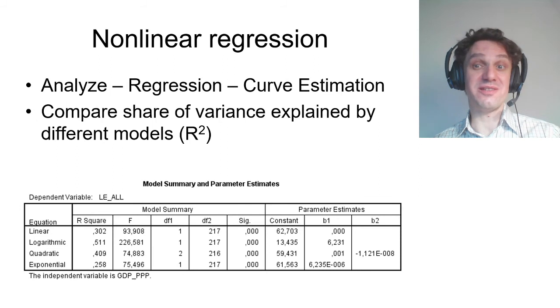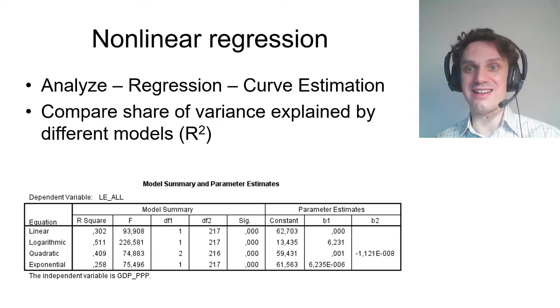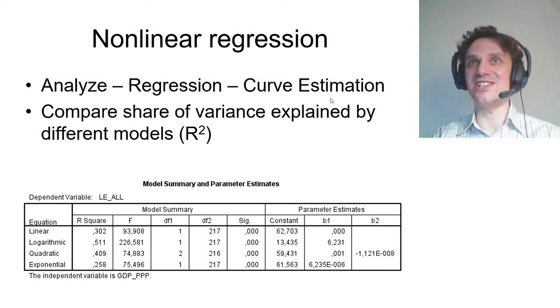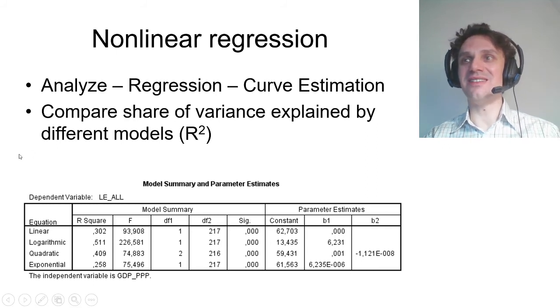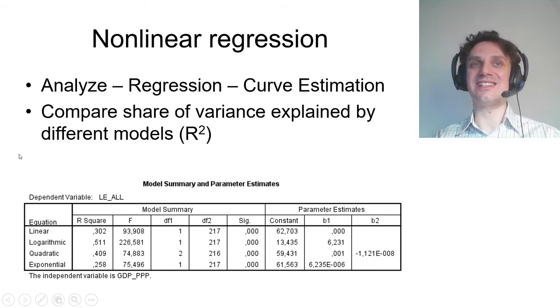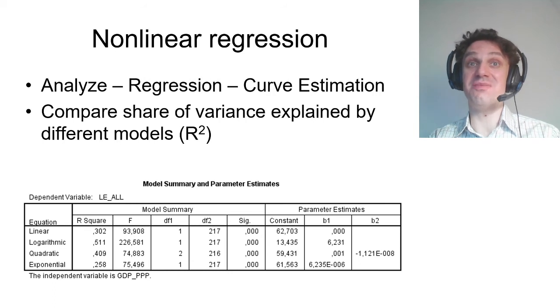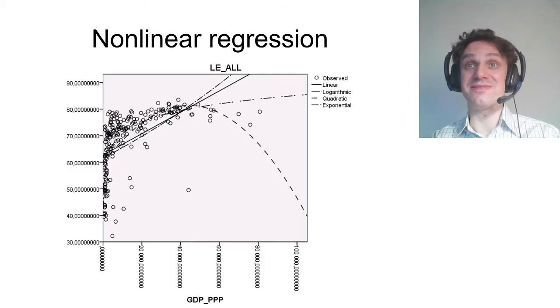But of course, you can also make other assumptions about the shape of this association. For example, in SPSS, you can use nonlinear regression in Analyze, Regression, Curve Estimation, and you can tell SPSS what kind of functions you want to use in order to predict life expectancy based on GDP across countries.